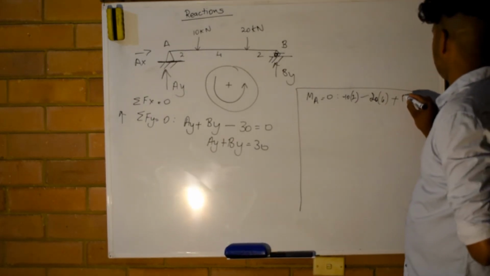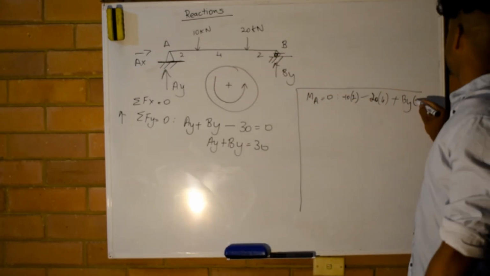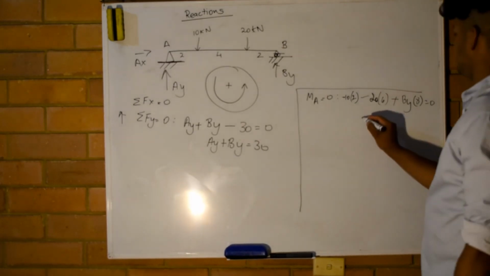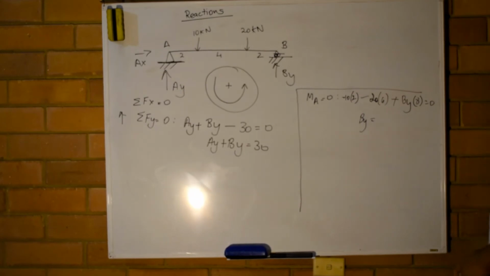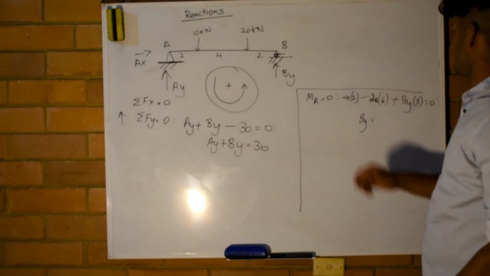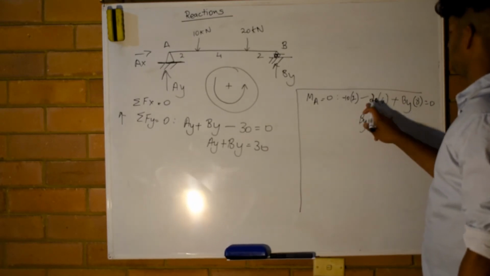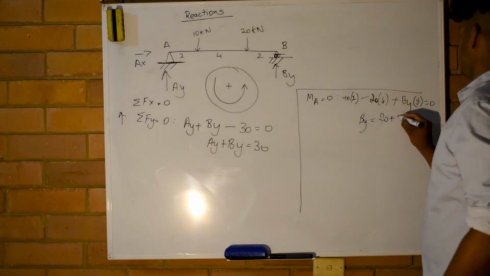So this one is BY at 2 plus 4, 6 plus 2 is 8. That equals 0. The next part is just basic algebra. So that's my 20 plus, because I'm going to take it to the other side. That is 120.